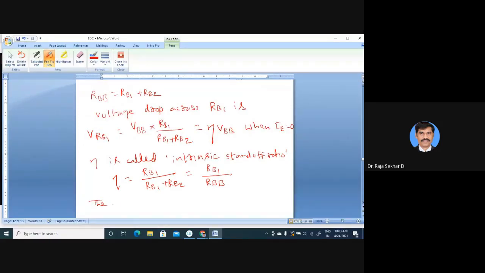Now the voltage or potential at point A is VA is equal to eta into VBB.